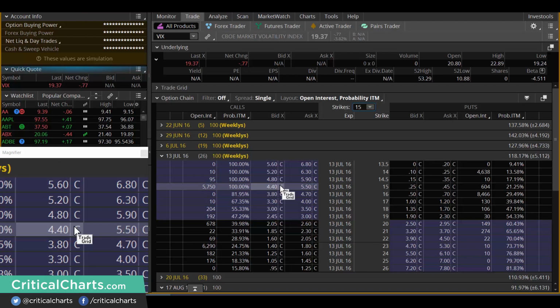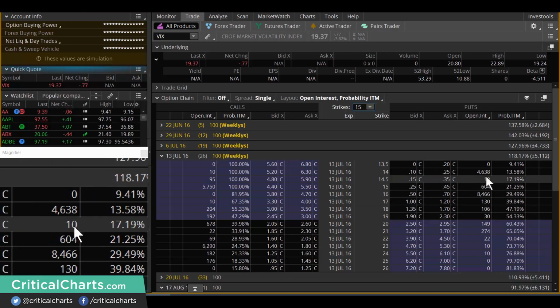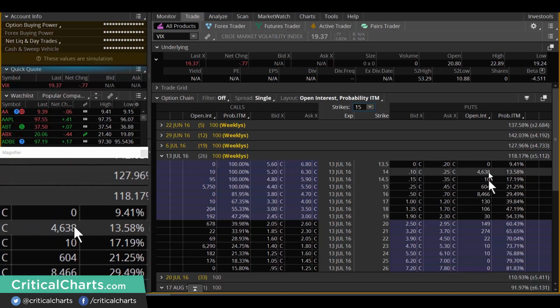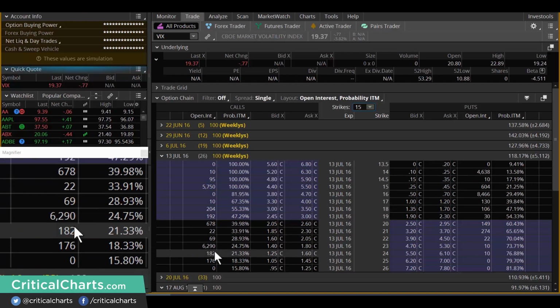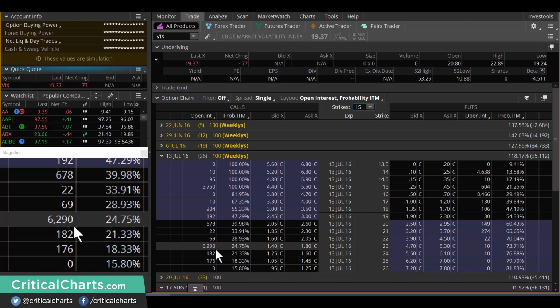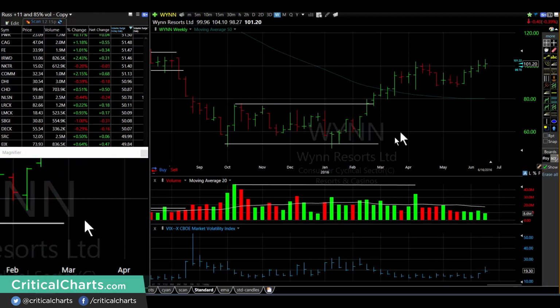And instead, what I'll do is I'll look at the VIX and I'll look at the contracts. Where are people buying the contracts or selling the contracts? So here you can see the activity. By looking at the VIX, it just gives you a gauge or an idea of how much whipsaw action you get in the market.